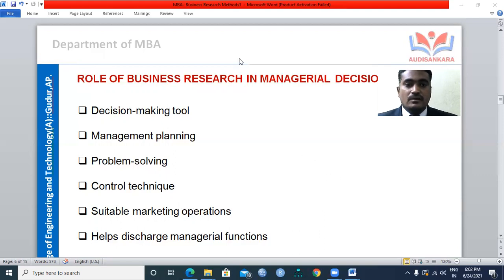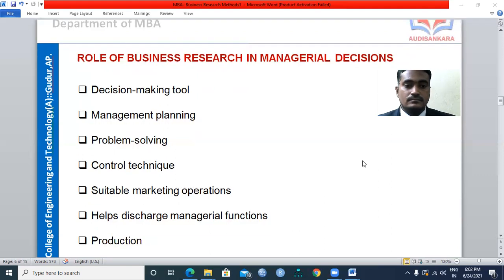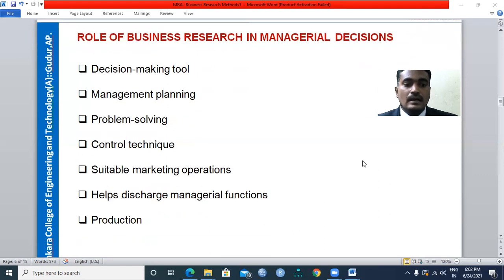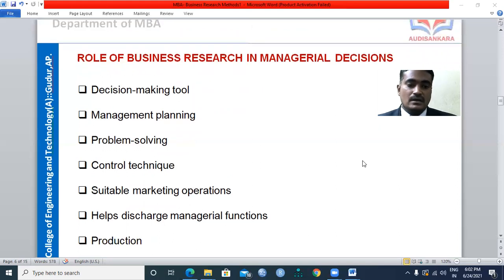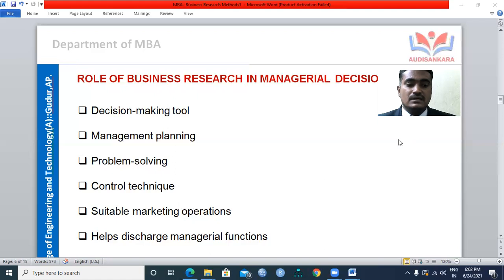And when we go to the next one, it helps to discharge managerial functions. As we learned, it helps a lot to discharge the managerial functions. At all levels of management, many functions come into the picture: HR segment, marketing segment, finance segment, production segment, and systems segment.